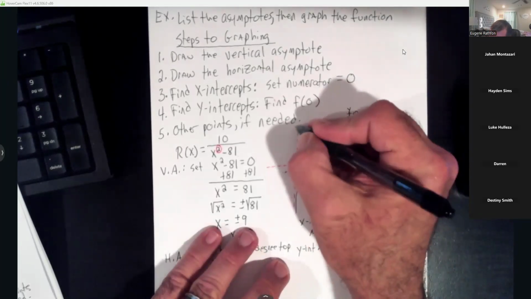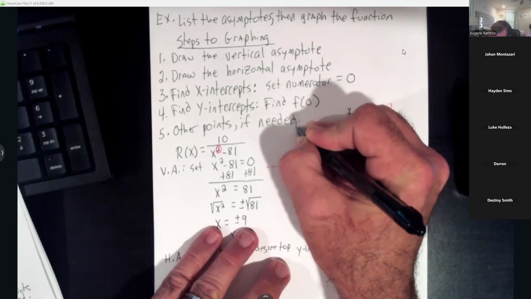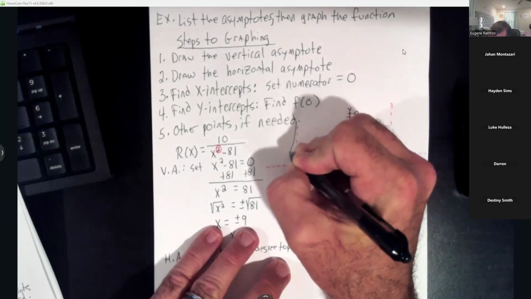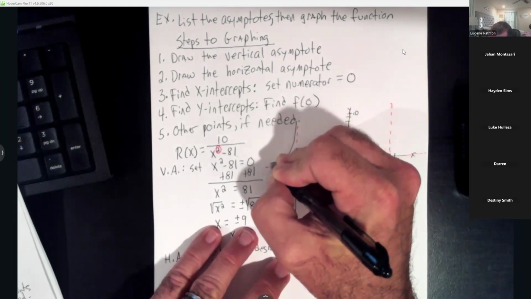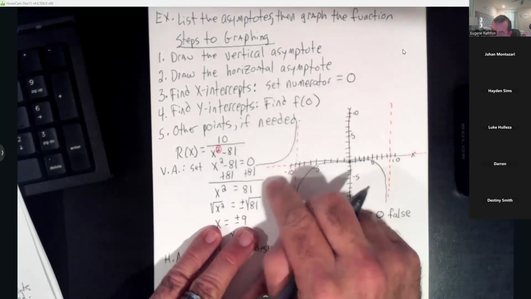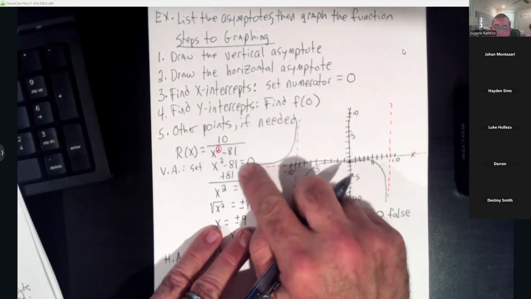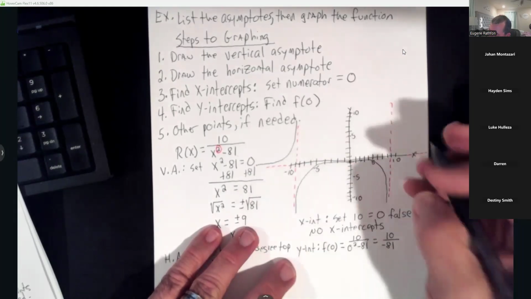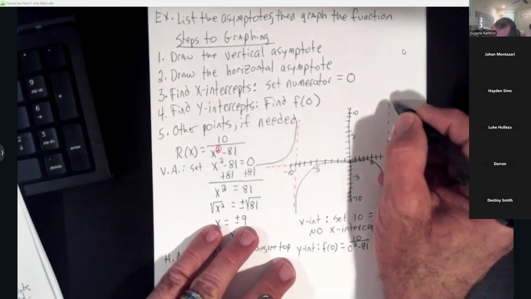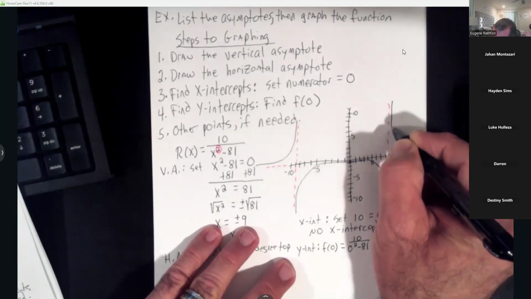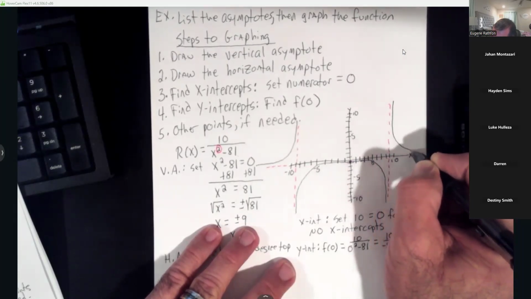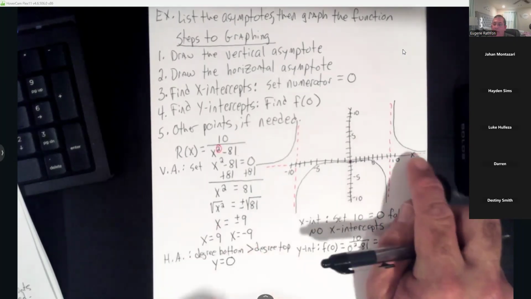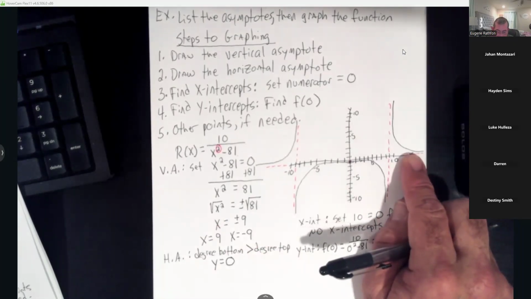So y'all, the left side is going to come in, and it's going to curve, and it's going to try to get down to this horizontal asymptote, but it never does touch it. And the same thing on this one. It's going to come down and head towards that horizontal asymptote right there.